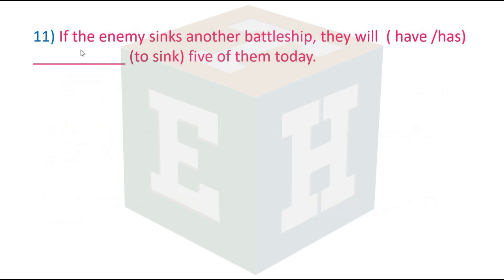Number 11. If the enemy sinks another battleship, they will has blank to sink 5 of them today. Answer. If the enemy sinks another battleship, they will have sunk 5 of them today.